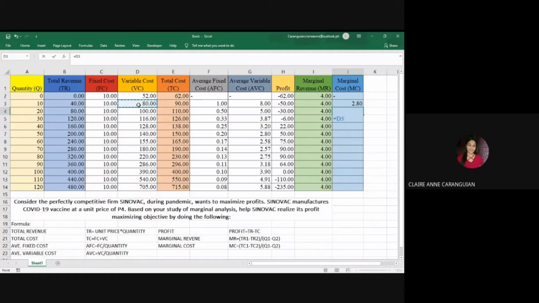So total cost 2 less total cost 3. Close all parentheses so we don't make a mistake in the formula. Divided by quantity 3, quantity 3 less quantity 4. Oops, quantity 2 less quantity 3.